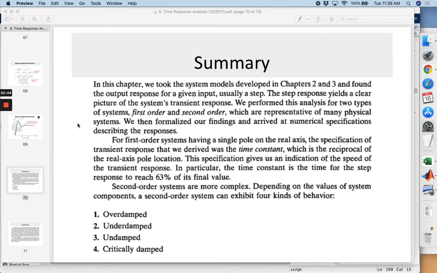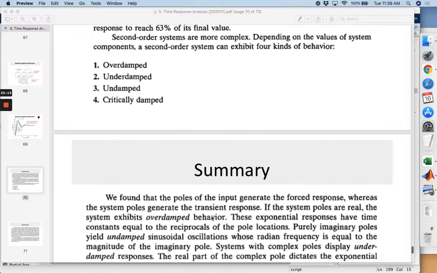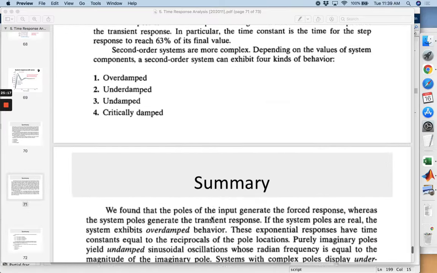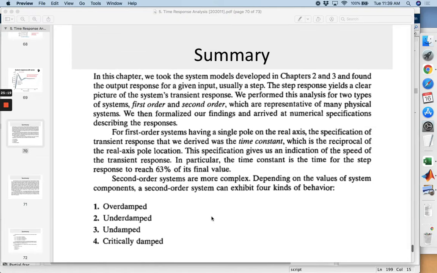Okay, we have completed the time response analysis for this subchapter. So please read the summary here. What you have learned so far is the first order system, which is very simple. What you need to know is the time constant. Not so much information can be extracted from the first order system.